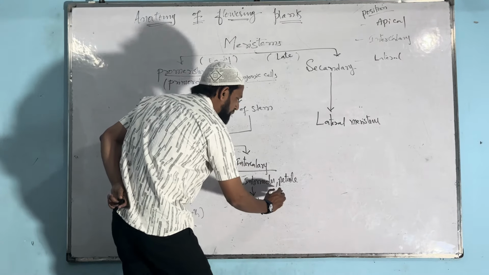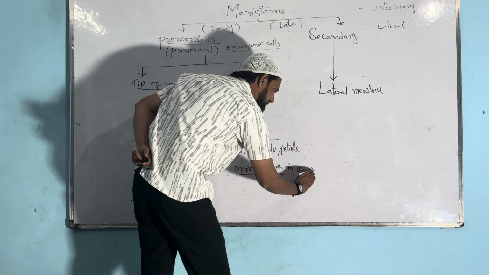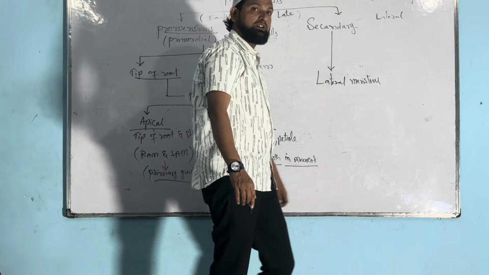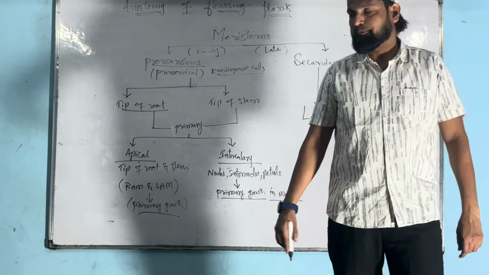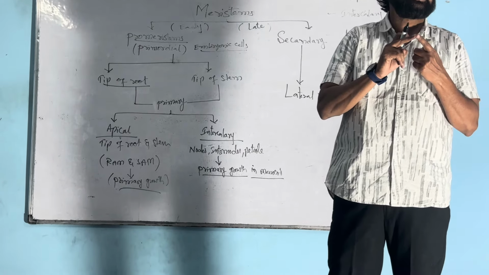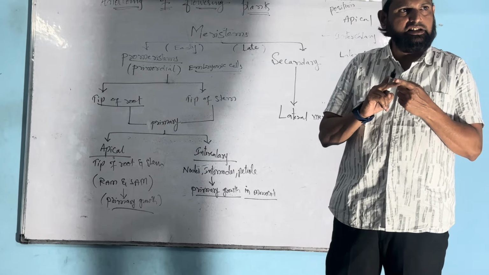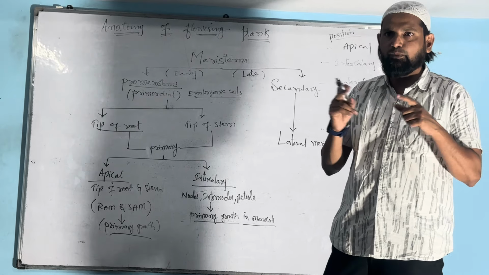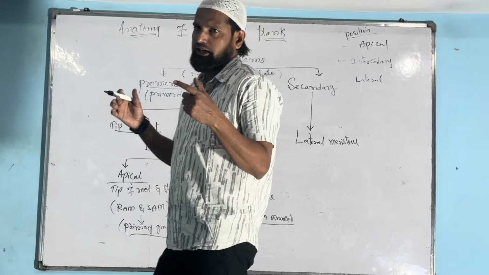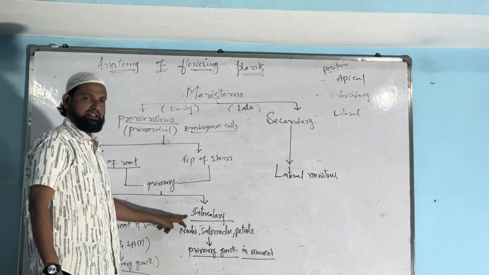So primary growth in monocots. The best example for this primary growth in the monocots is continuous elongation of bamboo shoots, grasses, sugarcane. So in monocots, this continuous elongation occurs due to the presence of intercalary meristem.